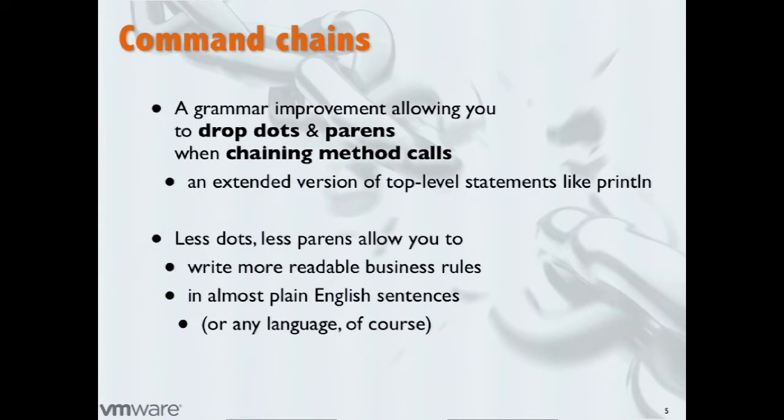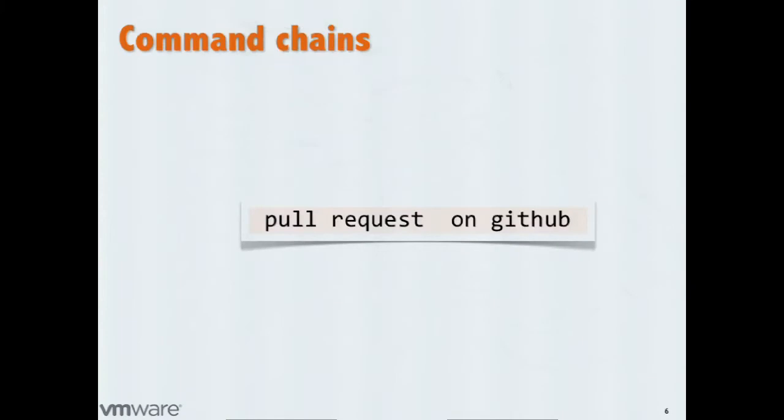And one of the features which came in Groovy 1.8 was what we call command chain. It's the ability to have readable sentences, almost plain English sentences, but which are actually valid Groovy code. And that's for chained method calls, as I will show you in a few seconds.